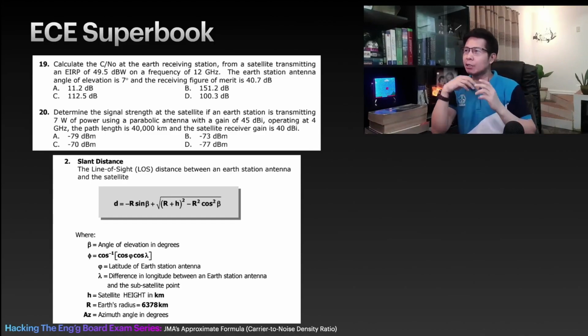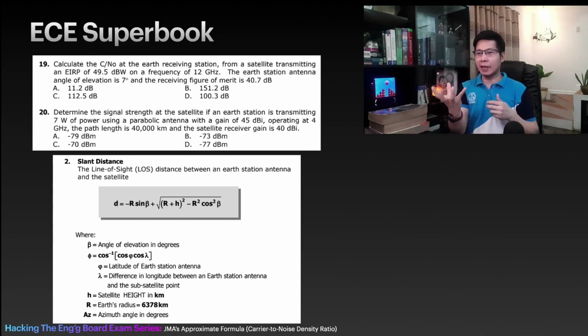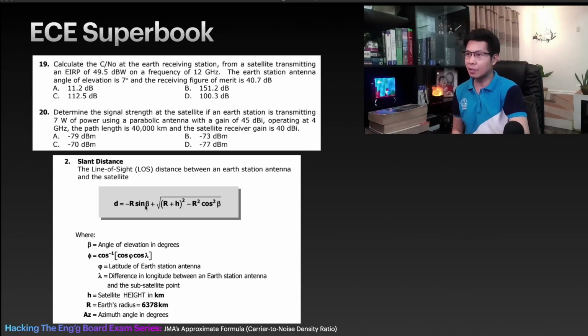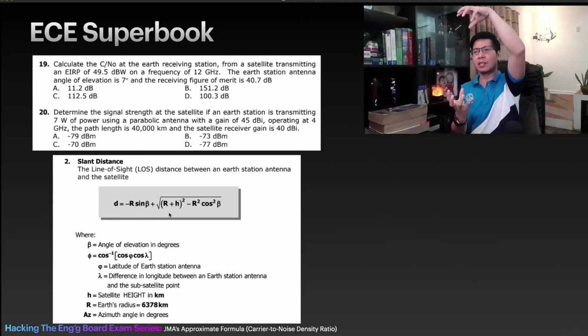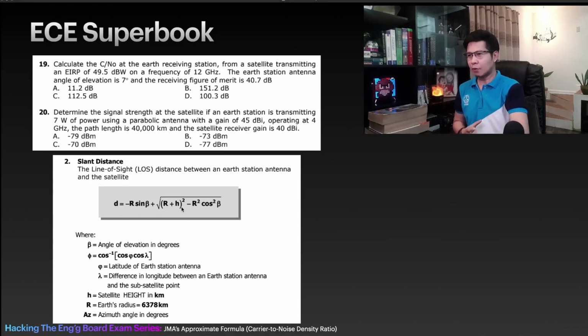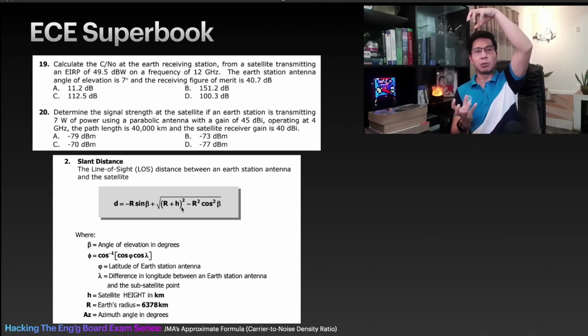Now, itong given problem dito, yung ginawa kong problem is, merong angle of elevation. Sabi ko kanina, kapag ang Earth station is directly above the satellite, so pag ang ating beta is 90 degrees, mawawala lahat ito, wherein D is equal to, magiging h na lang yan. So, yung 36,000 kilometers na lang po yan.